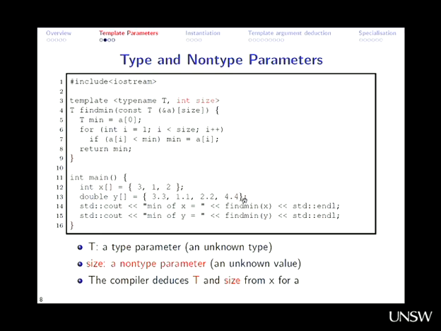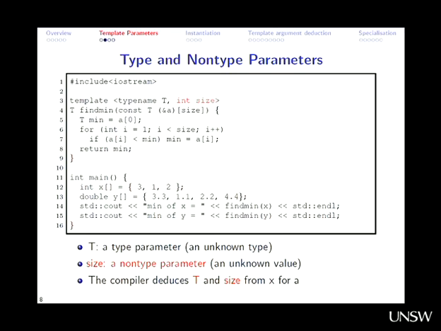Well, an int array of size 3 doesn't work. So it goes and creates a new function called findMin, which takes in an array of doubles with size 4. And so what we say is T is the type parameter, size is the size parameter.